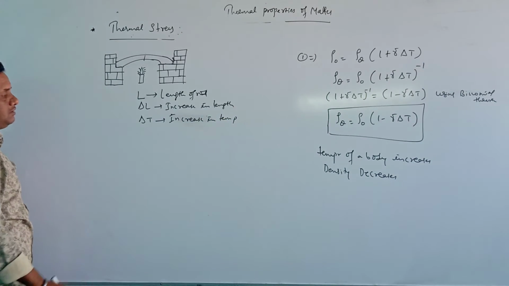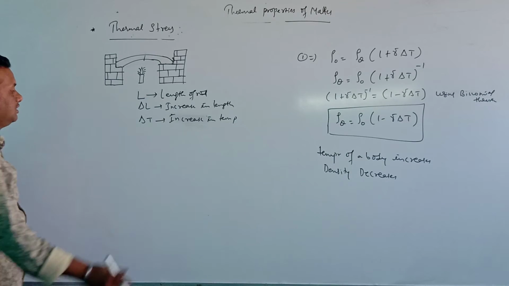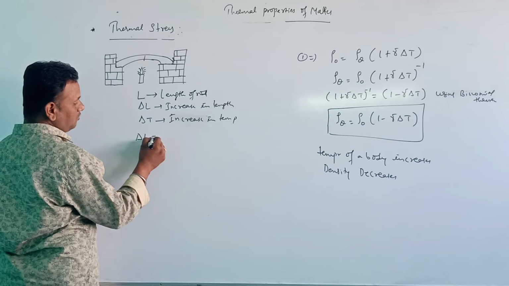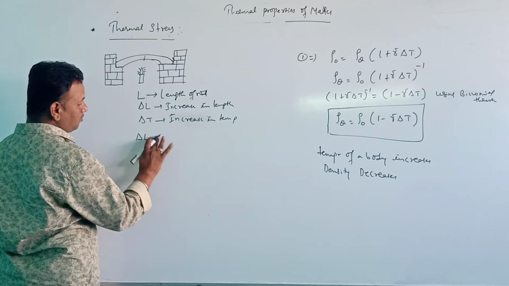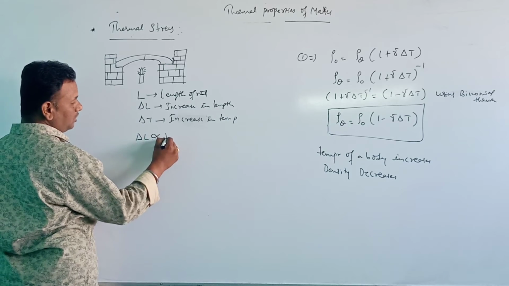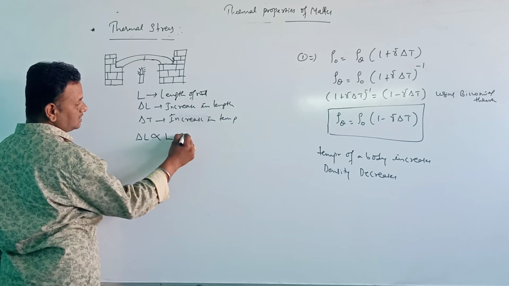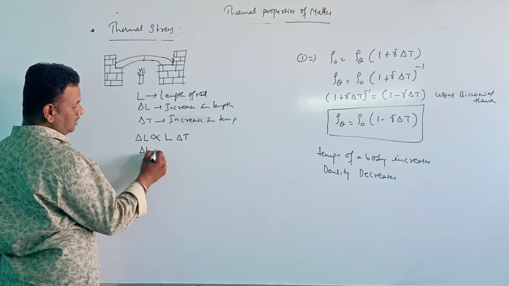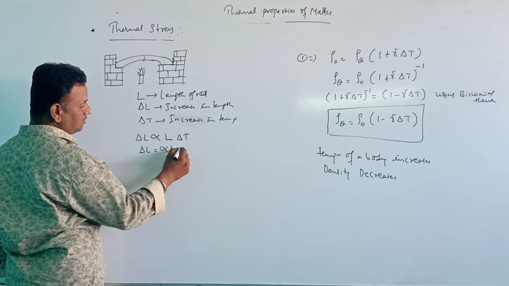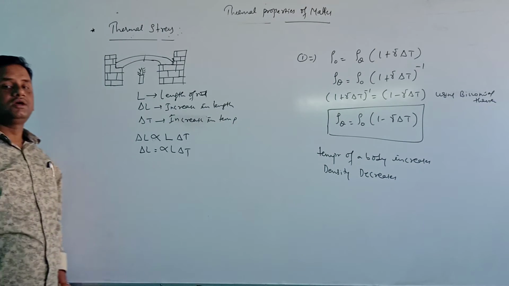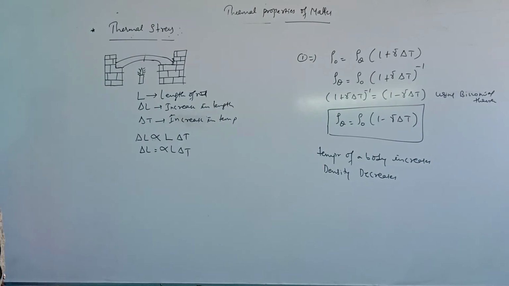Now from linear expansion we can write that change in length is directly proportional to the original length and increase in temperature. And this can also be written as delta L is equal to alpha L delta T, where alpha is the coefficient of linear expansion.